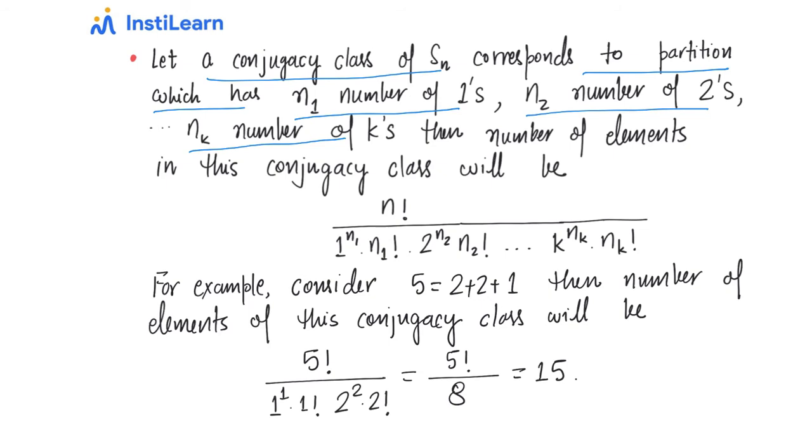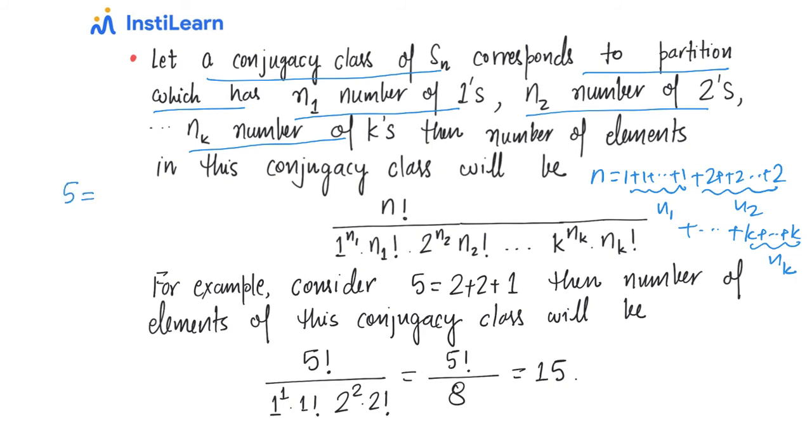So basically we are writing n as 1 plus 1 plus 1, so there are n1 ones, then plus 2 plus 2, there are n2 twos, and then there are 3s, and there may not be. So n1, n2 can be 0, and there are k's, and we are adding k's, and these are nk in number.